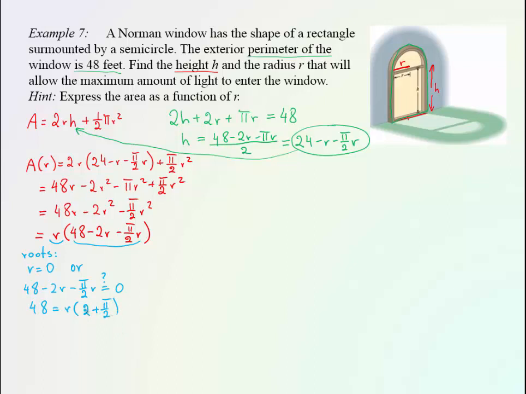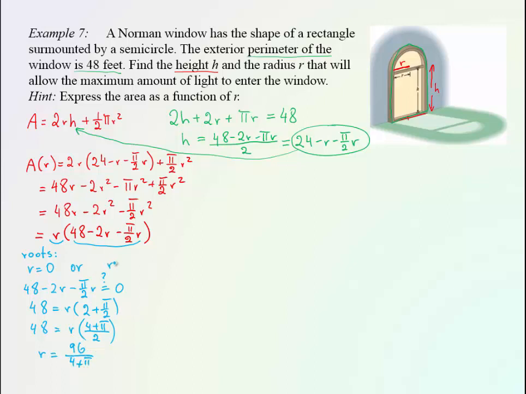It's a good idea to put this under a common denominator. Okay, so it's 48 equals r, and this is 4 plus pi over 2 as a coefficient. So r by itself is equal to 48 times 2, which is 96, divided by 4 plus pi.